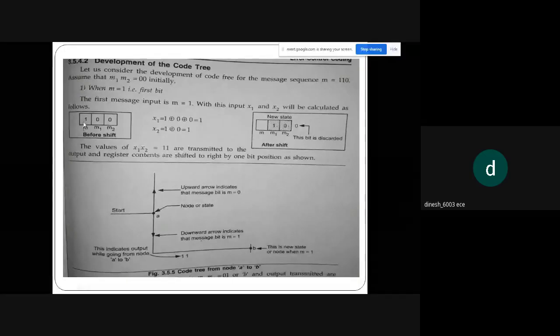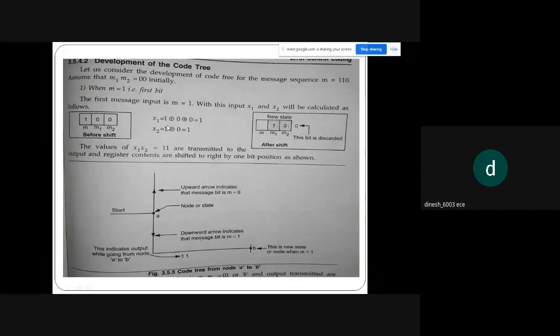So x1 is m, m1, m2. See this left side block. m1 and m2 are 00, and m is the first bit I am sending from message m equal to 110. For x1 I get the modulo 2 addition of all three: 1, 0, 0 gives 1.